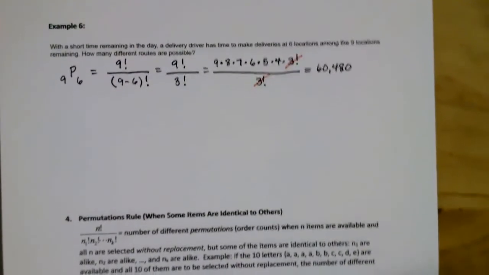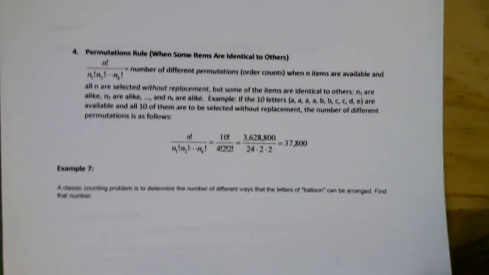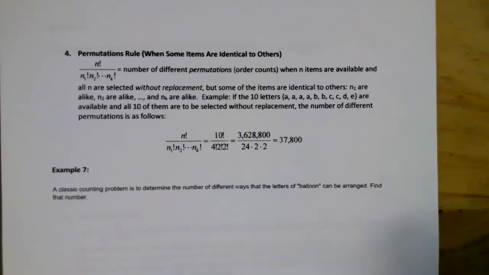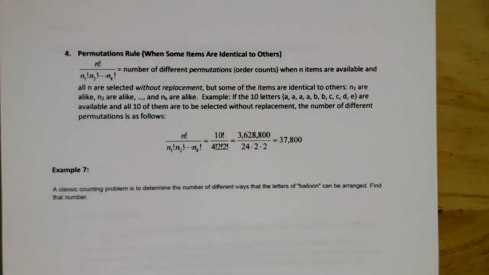Okay. Rule number 4 is going to be another permutations rule, but this time it's going to be when some items are identical to others. Okay, and this is what we use for permutations: n factorial divided by n1 factorial times n2 factorial, and so on, all the way up to n sub k factorial.